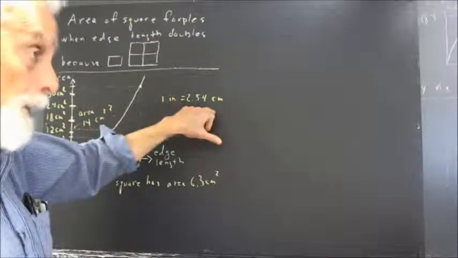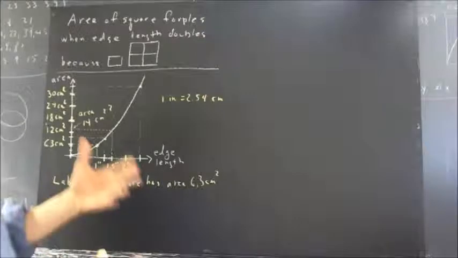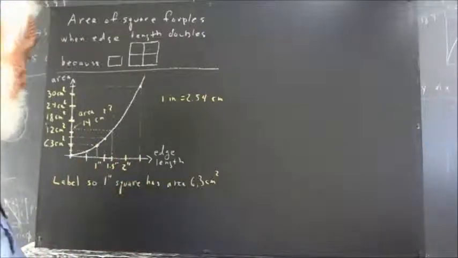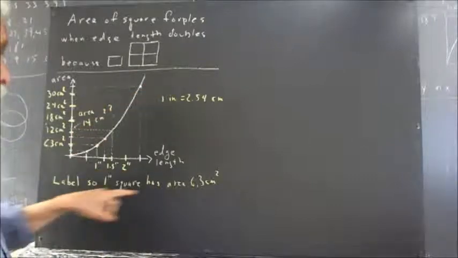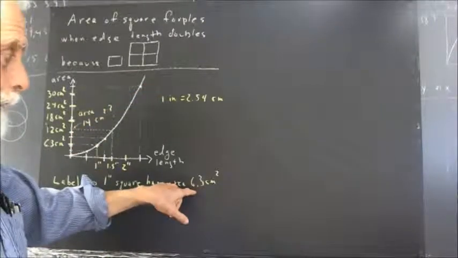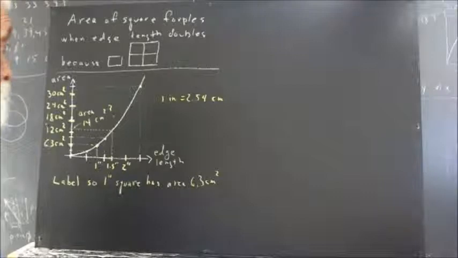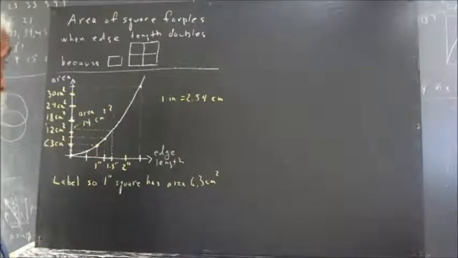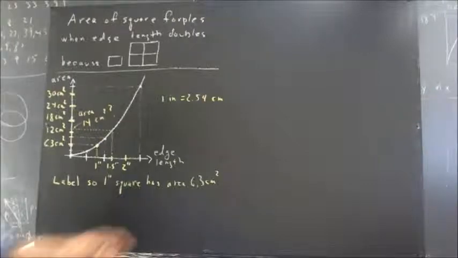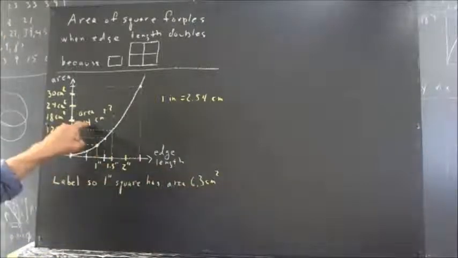You should be able to take that using the methods that you've learned in previous courses and figure out that in the first place, 1 inch square should have an area about 6.3 square centimeters, and 1.5 inch square should have an area of about 14 square centimeters. Or use this fact to figure out this fact.